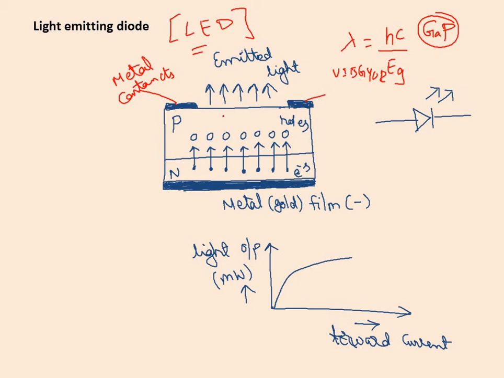For making the cathode connection, a metal film is coated at the bottom of the entire structure, and this film is also used to reflect as much of the light which falls on it. So for that purpose alone we have a coating here.